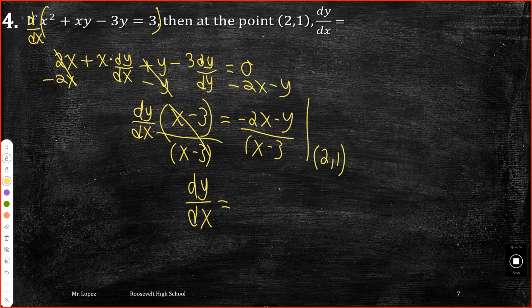Can I already go here? (2, 1). So x and y. x is 2 minus 3, negative 5 over negative.